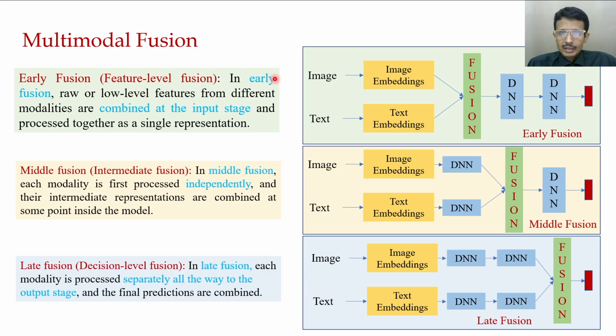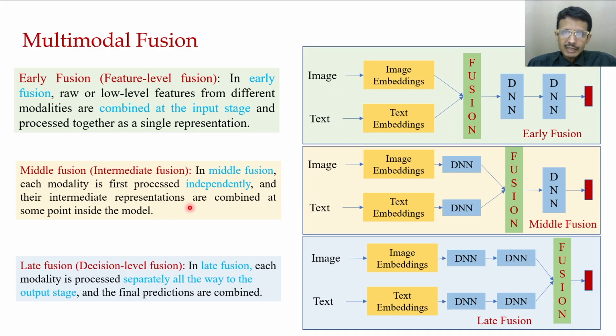These are the image embedding and text embedding, and we fuse these two embeddings. After the fusion, for example, we concat the two features and then put them into some deep neural network. It may be a CNN, an RNN, or a transformer, whatever you can put. So that's early fusion: image and text embeddings are computed and then fused. So it's a feature level fusion.